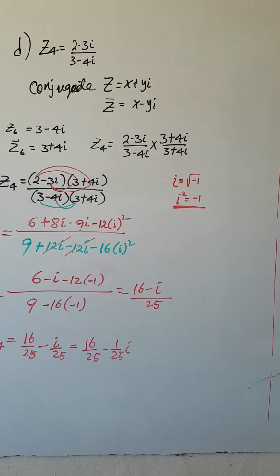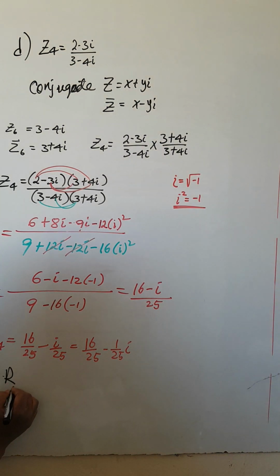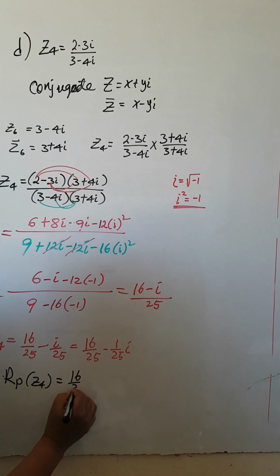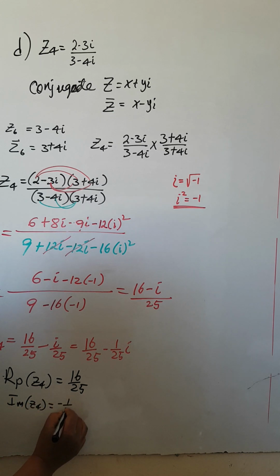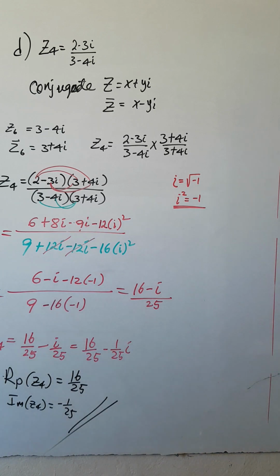Here the complex number z4 has split into a real part and an imaginary part. So the real part of z4 is equal to 16 over 25. The imaginary part of z4 is equal to negative 1 over 25.